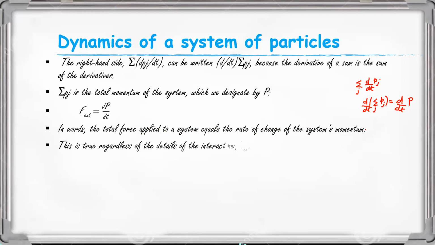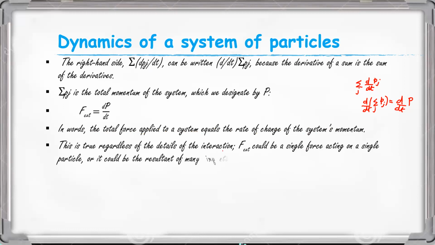This is true regardless of the detail of interactions. F external could be a single force acting on a single particle, or it could be the resultant of many tiny interactions involving each particle of the system.